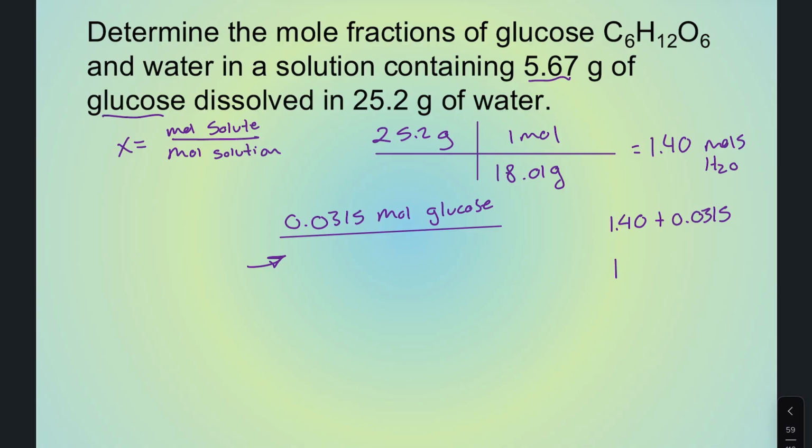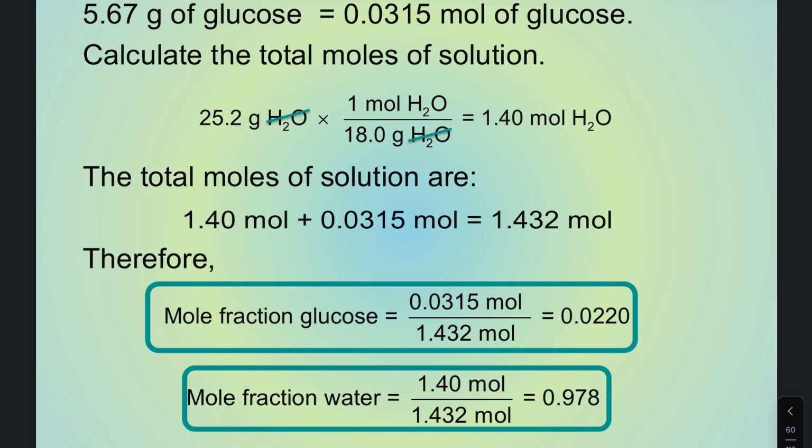And we'll add those together, we get 1.4315. And we'll put that down here, 1.4315 moles of solution. And we divide those by each other, we end up getting the mole fraction being 0.97.